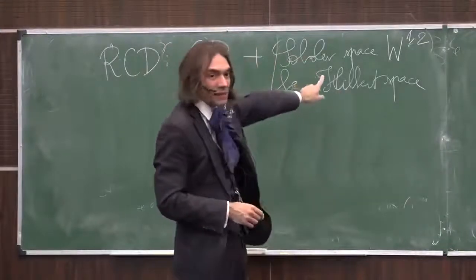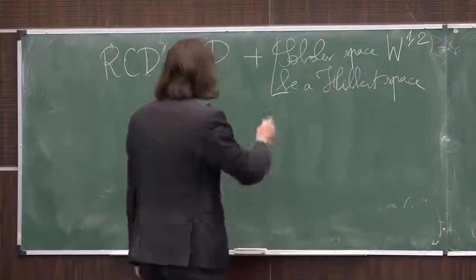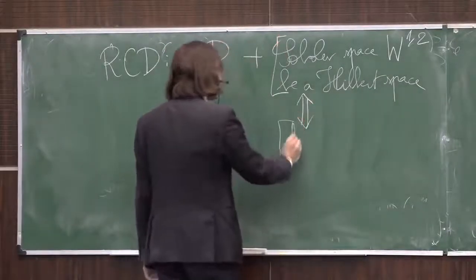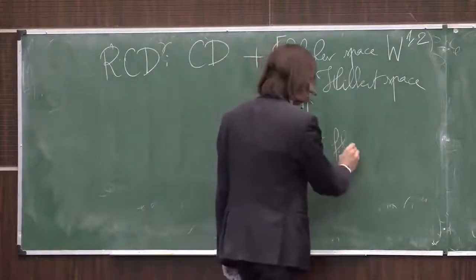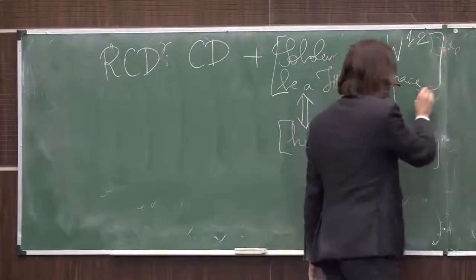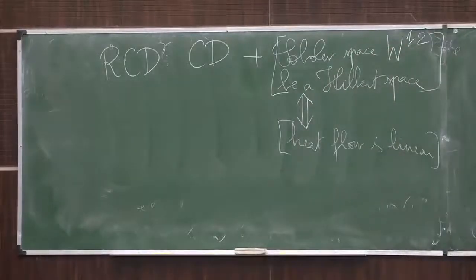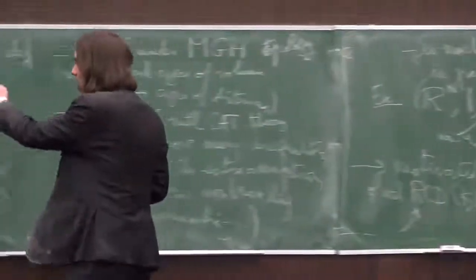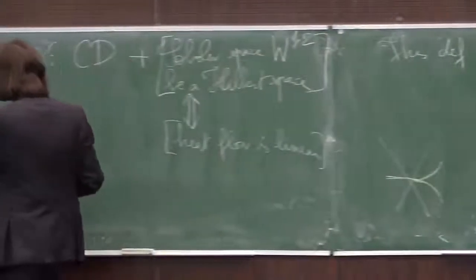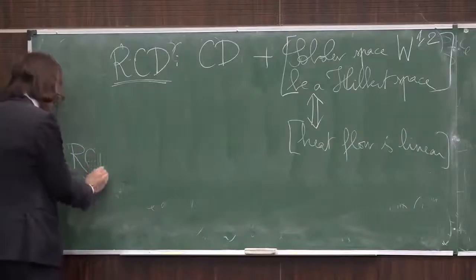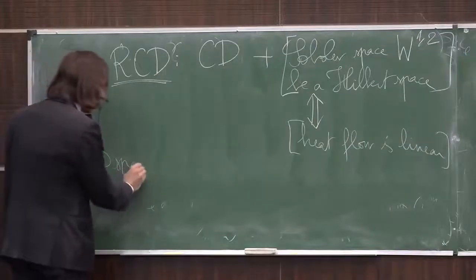If you think that this is a bit weird, let me tell you that it's equivalent to the assumption that the heat flow is linear. The two are exactly equivalent. If you are in a space in which the heat flow is linear and satisfies this curvature dimension assumption, then we'll say it is RCD. And now these RCD spaces satisfy everything.